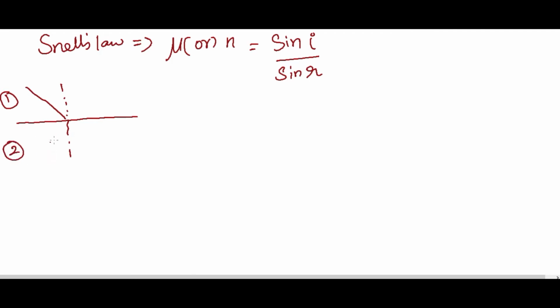For your understanding, I am saying like this: if it is rarer to denser, what will happen? You know very well, it will bend towards the normal. That is not our problem now. How to represent this in terms of refractive index only, we are going to see. So let us see that.